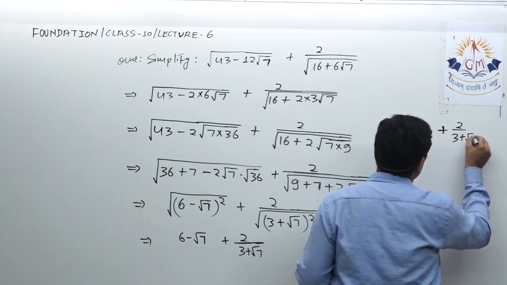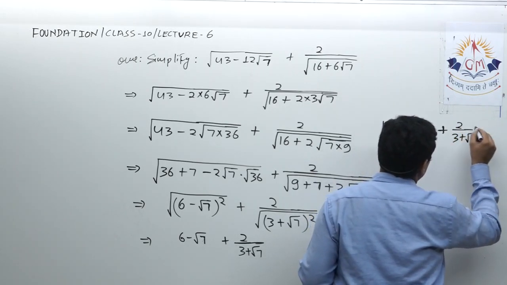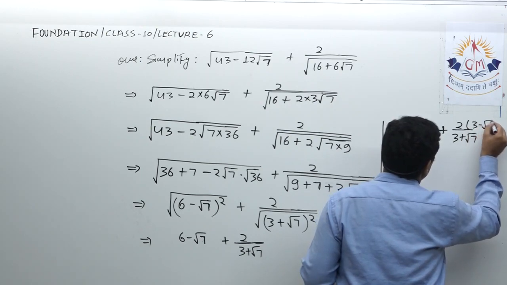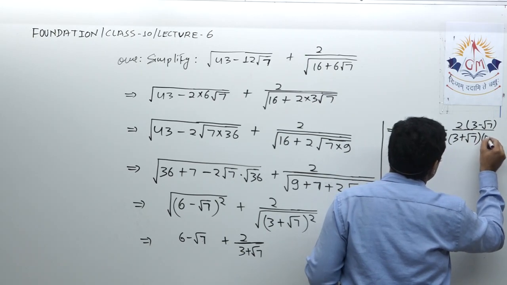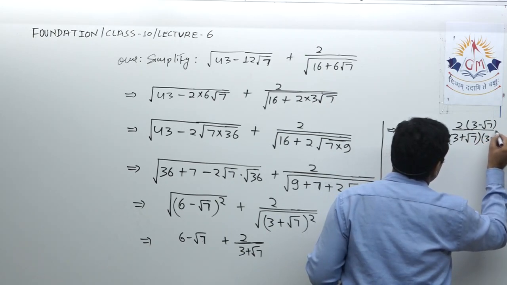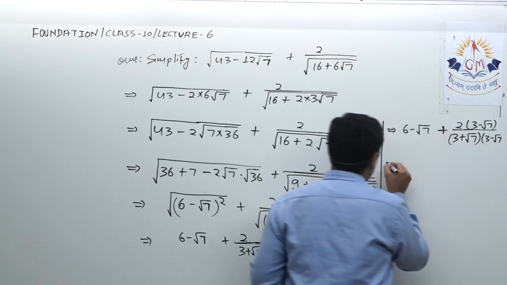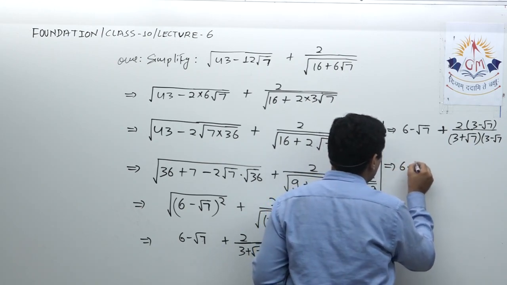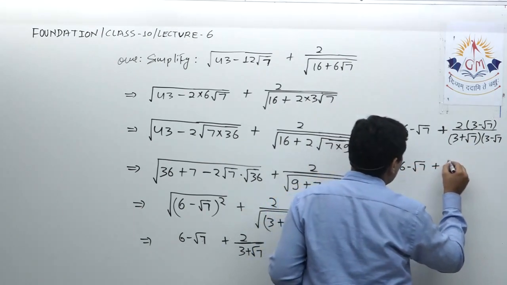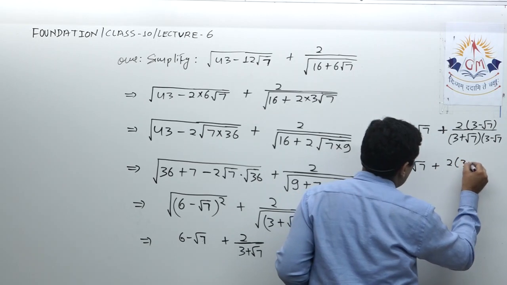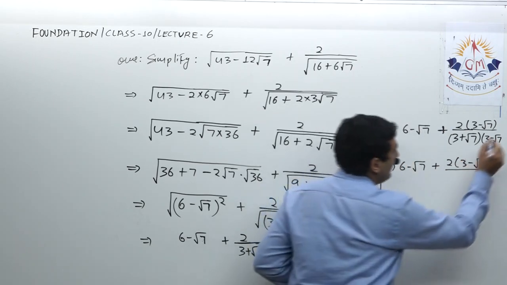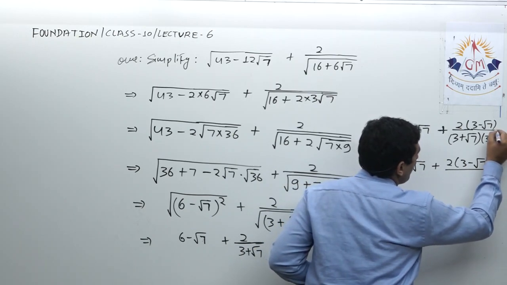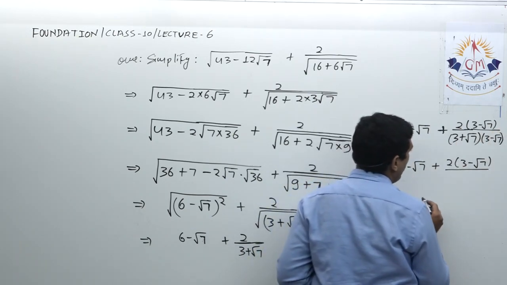Now over here I will multiply the numerator by 3 minus root 7, as well as the denominator I will multiply by 3 minus root 7. So here I will get 6 minus root 7 plus 2 into 3 minus root 7, and the denominator gives you a plus b, a minus b, that is a square minus b square.